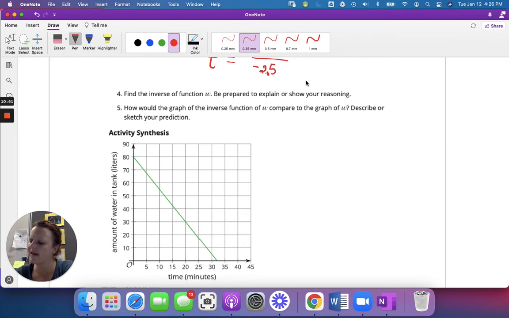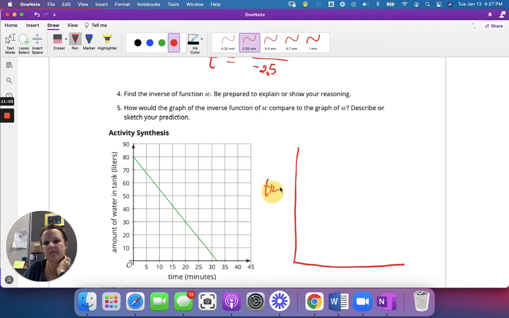I think I need to relabel my axis though. Yep. So we'd have another graph, time here, and amount of water here.